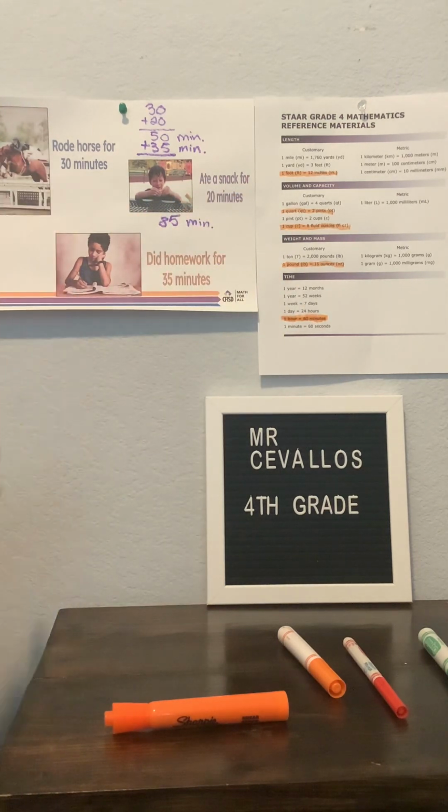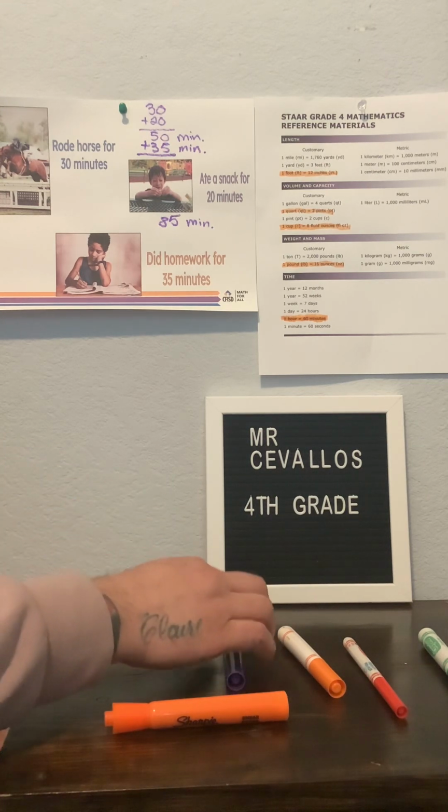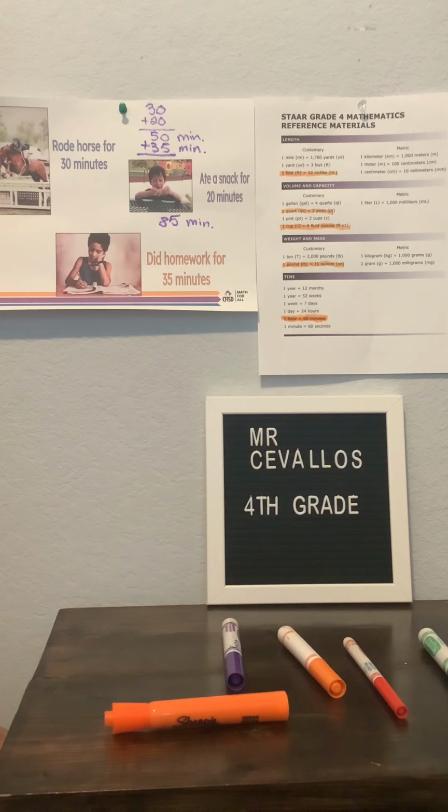So you rode a horse for 30 minutes, and you ate a snack or a meal for 20 minutes, and then you did homework for 35 minutes. So altogether, you've been busy for 85 minutes. But what does that look like if I said to describe 85 minutes in hours and minutes?